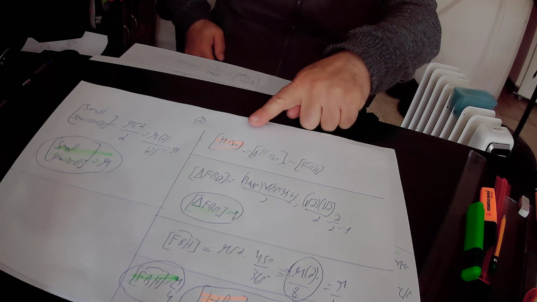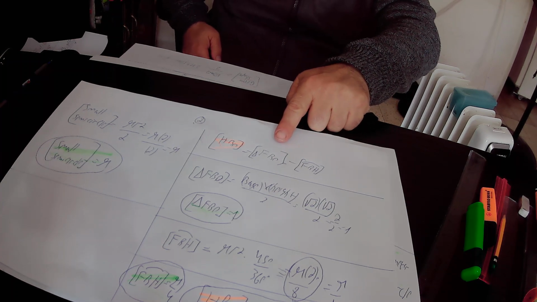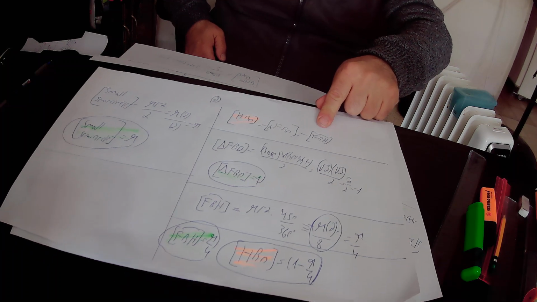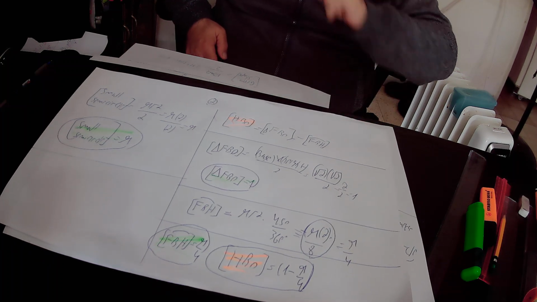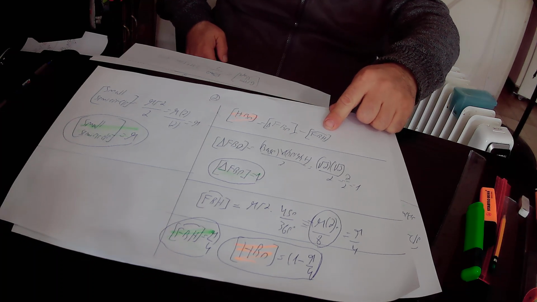The small sector FBH is part of the small circle, of course.